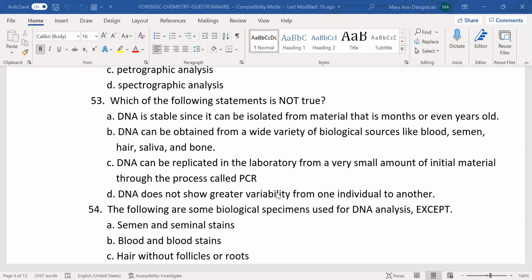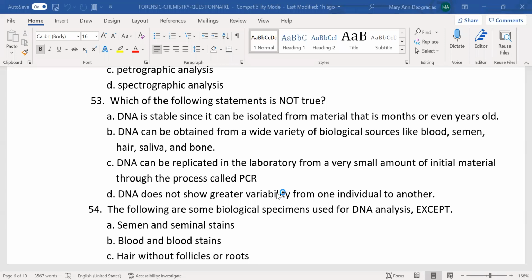C, DNA can be replicated in the lab from a very small amount of initial material through the process called PCR. PCR is the polymerase chain reaction. D, DNA does not show greater variability from one individual to another.